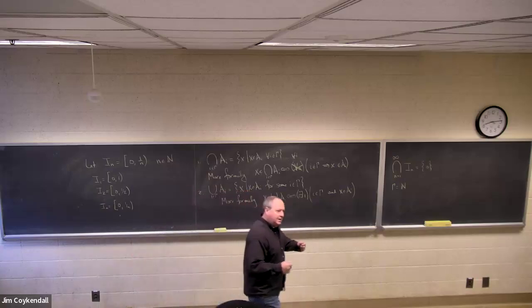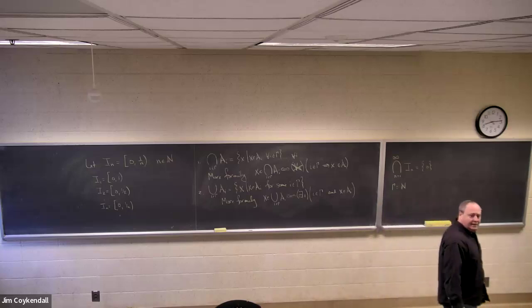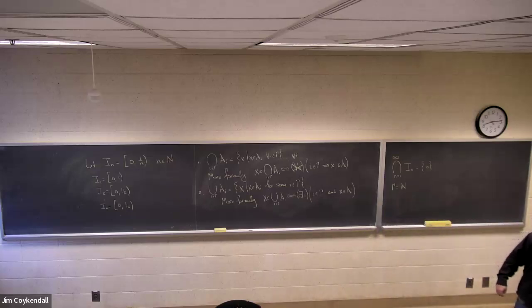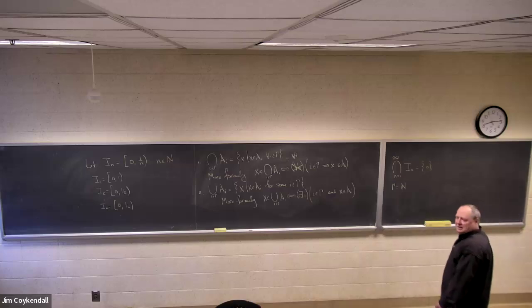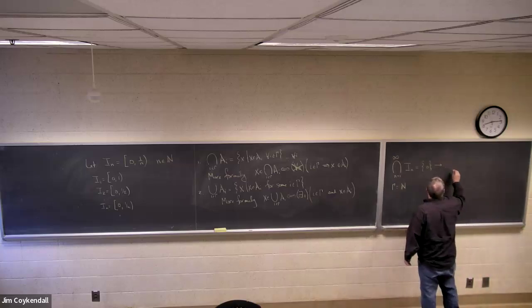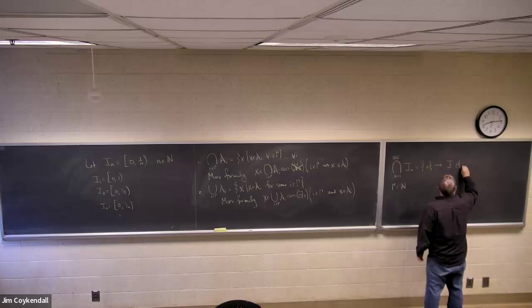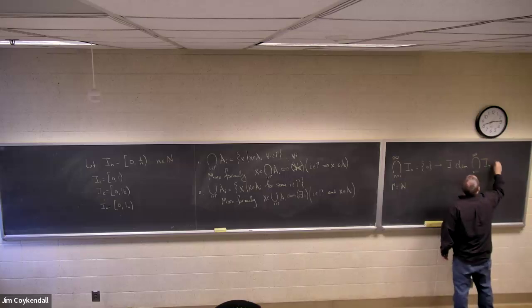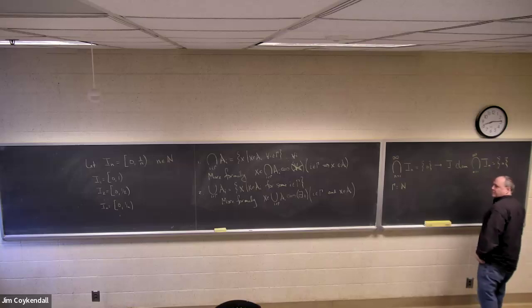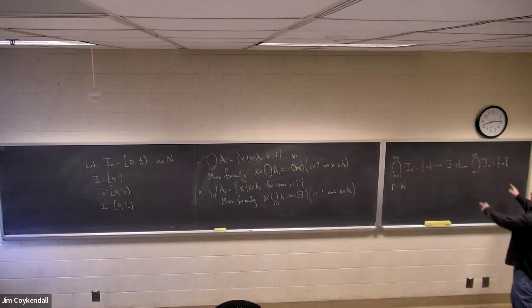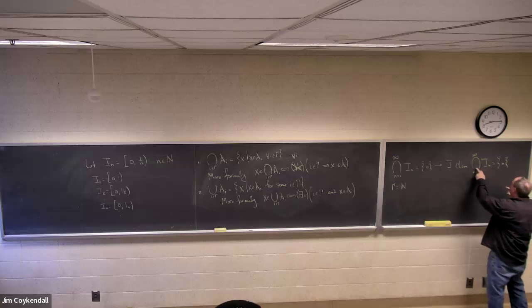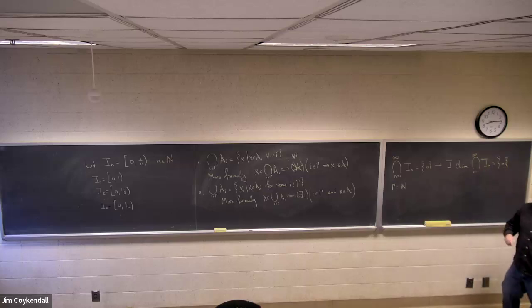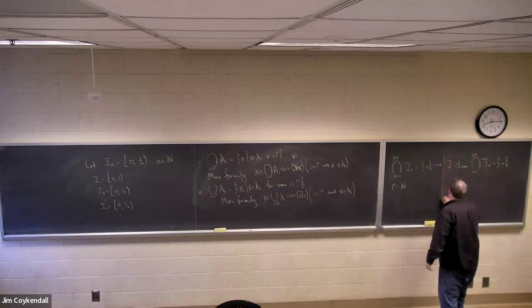Can somebody give me an argument that nothing other than 0 is in here? Let's prove this. I'm trying to show two sets are the same: this big intersection and just the number 0. How do I show the two sets are the same? Well, I have to show containment both ways.